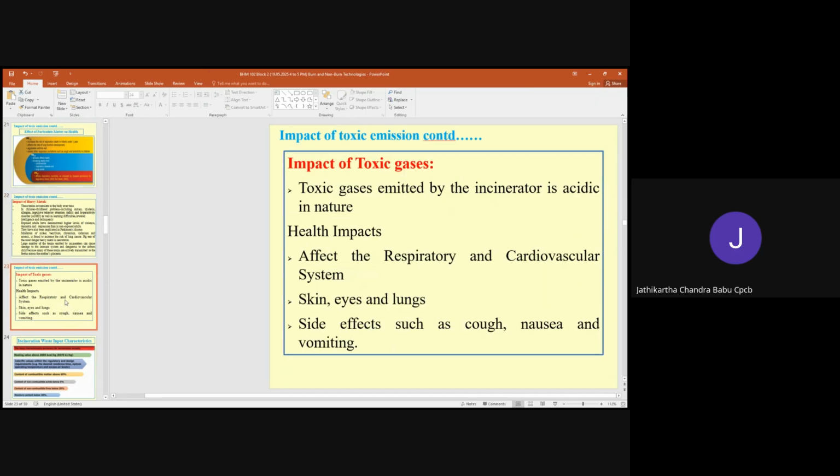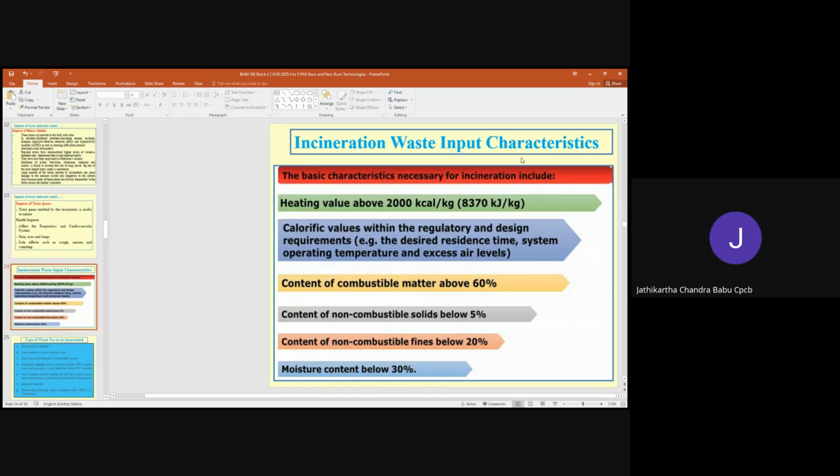Because of improper incineration, it may emit toxic gases like acid gases, which may cause respiratory and cardiovascular problems, and skin, eye, and lung problems. Also, side effects such as cough, nausea, and vomiting may occur. These are the problems due to incineration.